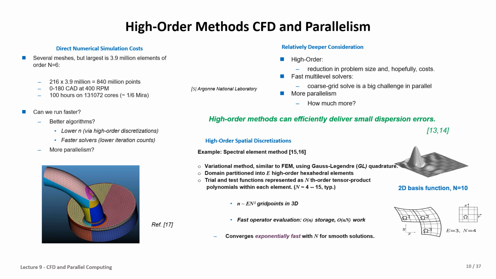Trial and test functions are represented as Nth order tensor product polynomials within each element, N up to 4, and sometimes maybe 15.